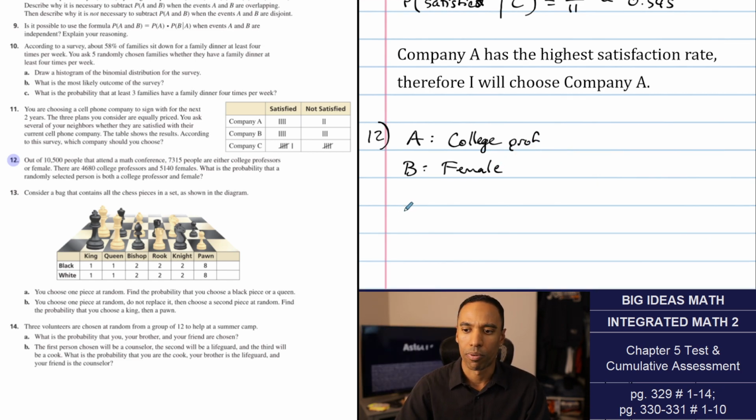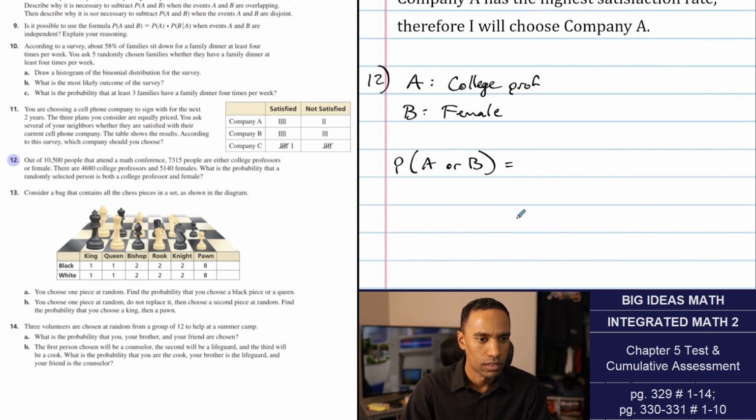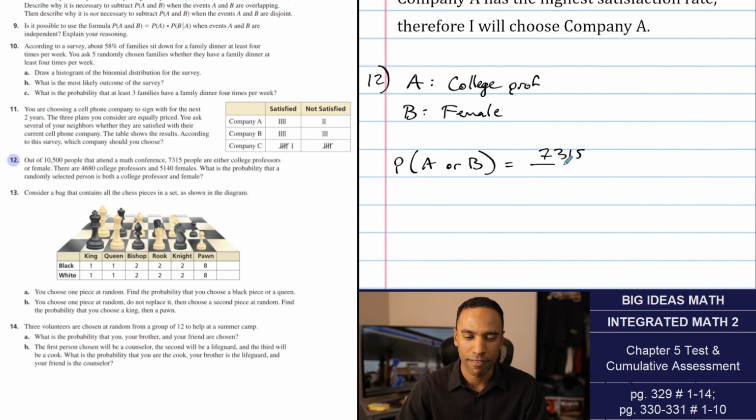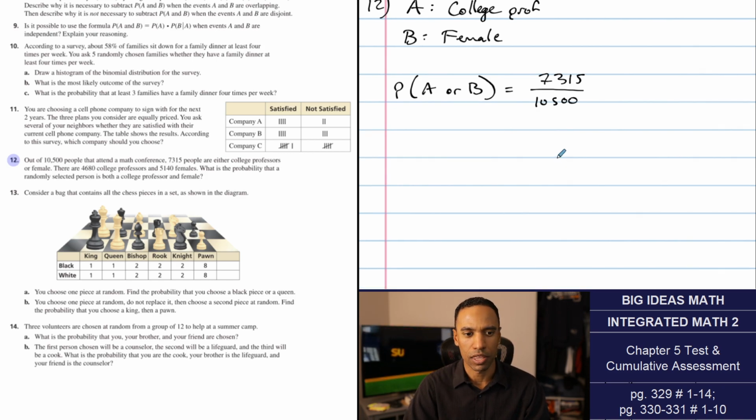Okay, so probability of A or B is 7,315 out of 10,500. Now, I'll leave these as fractions for now. I'm not going to reduce anything because of the addition and subtraction I have to do later.